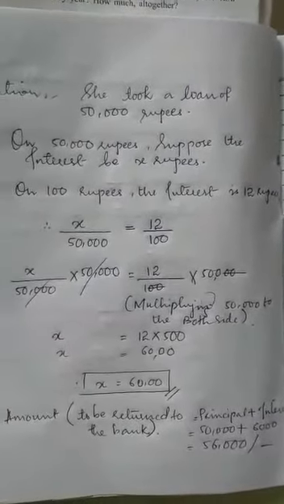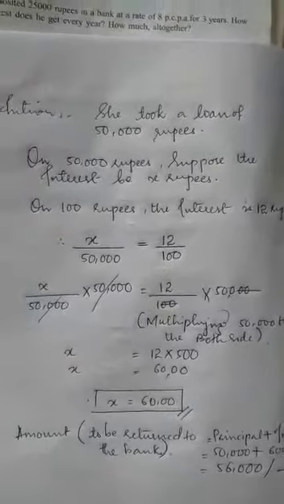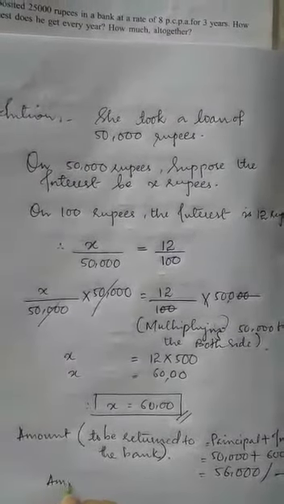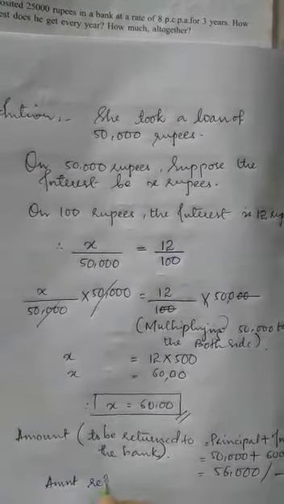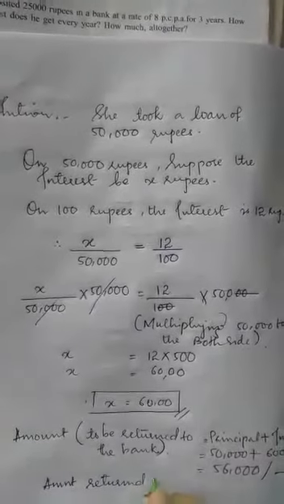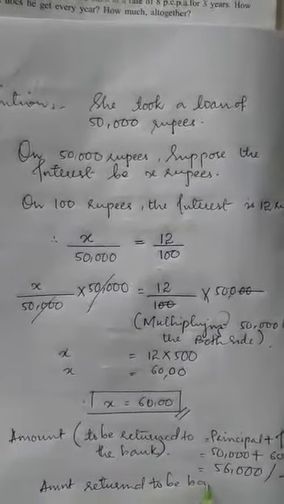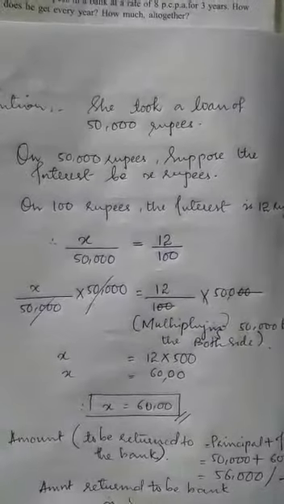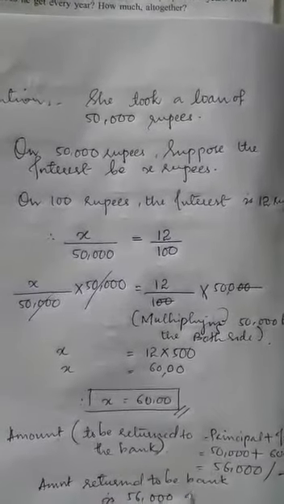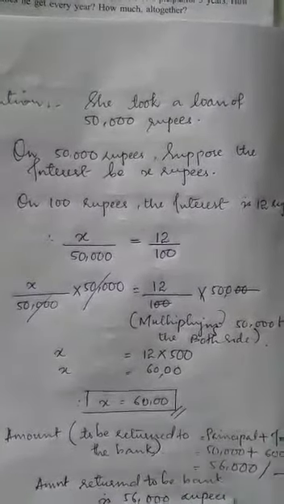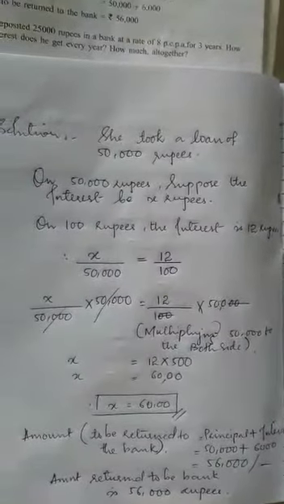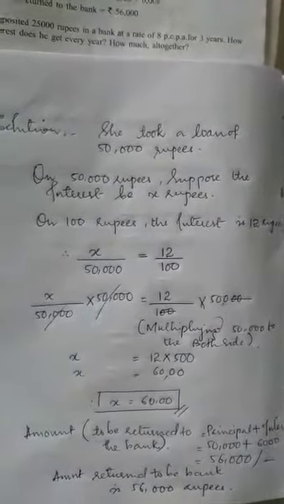Amount to be returned to the bank is 56,000 rupees. That we have to write. Amount returned to the bank is 56,000 rupees.